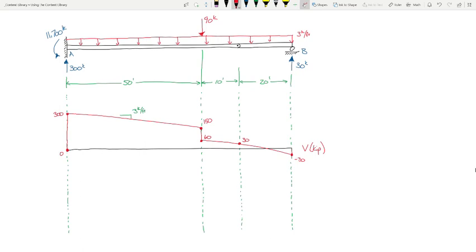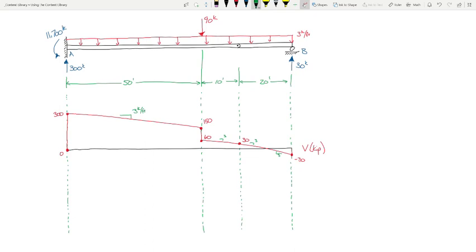So we have our shear diagram constructed, and remember the slope of all these lines is still 3 kips per foot, so we'll put 3, 3, 3. Okay, so now we need to start computing some areas. Let's start off with this part right here on the right. If this is 30 and this is negative 30, what are these distances here and here? 10. They're even, right?